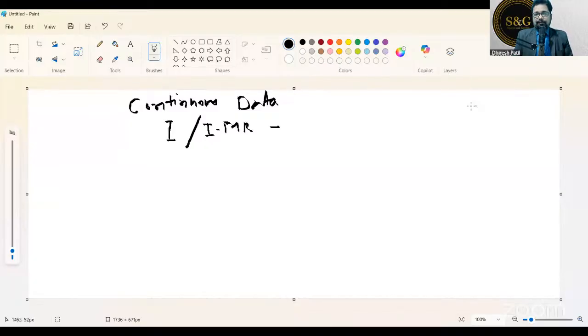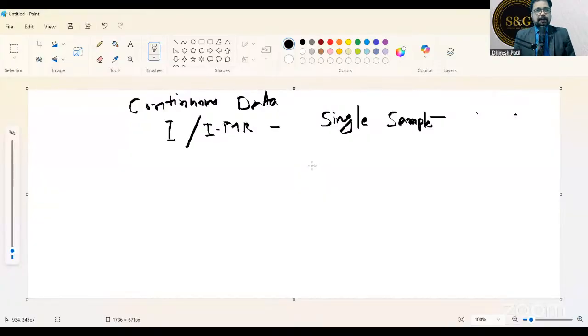When you have a single sample taken from the process, that is called I chart. I meaning individual chart, and IMR meaning individual and moving range chart. MR meaning moving range chart.